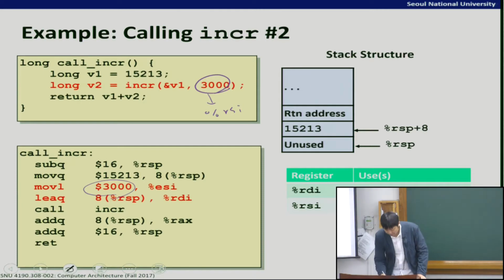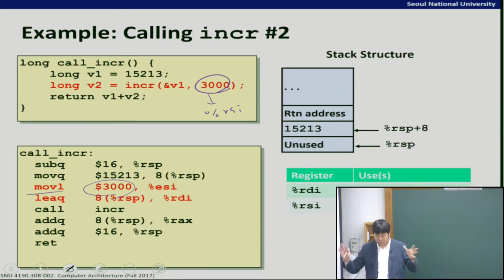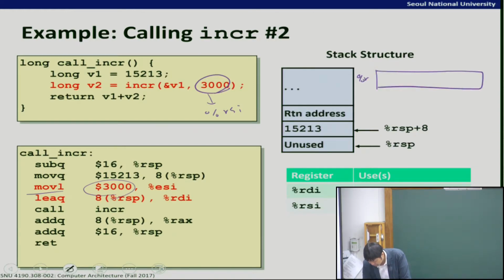Using a move instruction with the ESI register refers to just the lower half of the RSI register.